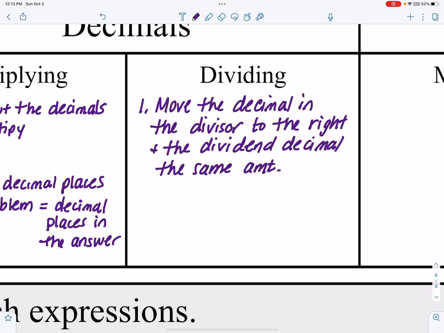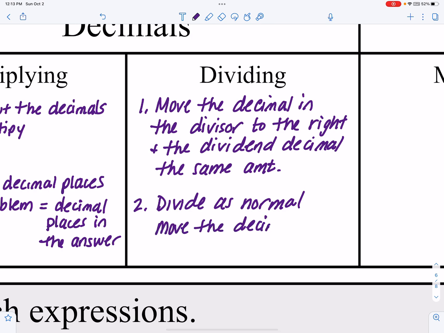AMT is an abbreviation for amount. Okay. After you do that, divide as normal. Move the decimal straight up into the quotient, okay?